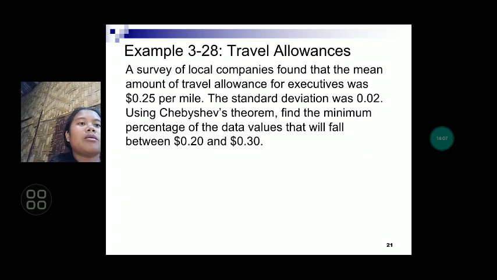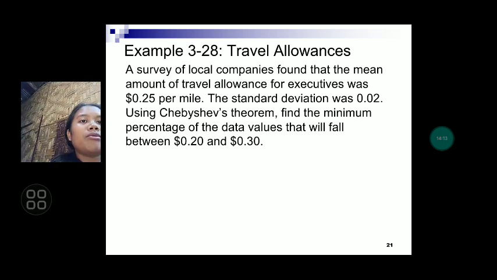A survey of local companies found that the mean travel allowance of executives was $0.25 per mile, with a standard deviation of $0.02. Using the Chebyshev theorem, find the minimum percentage of data values that fall between $0.20 and $0.30.